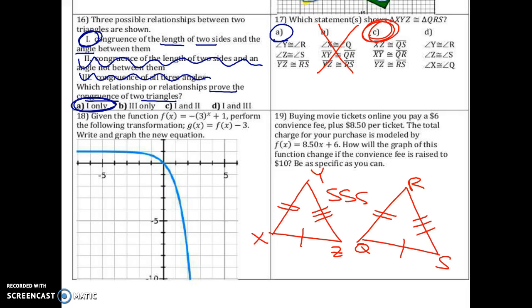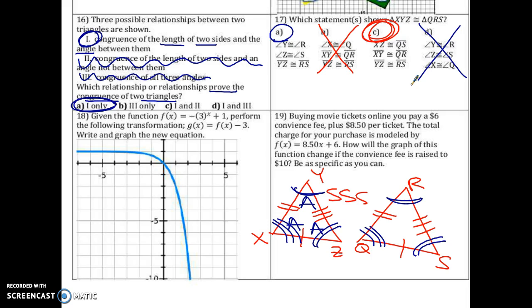And the last one, angle Y to angle R, angle Z to angle S, and angle X to angle Q. The purple has only angles. So angle, angle, angle does not prove congruence. It only proves similarity. So that one is out.